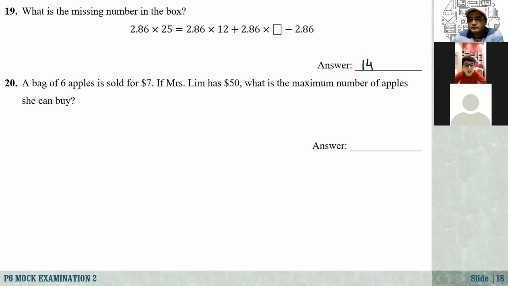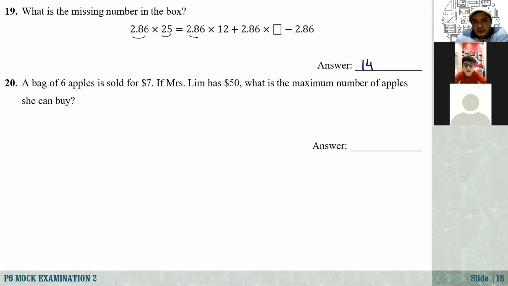Because 14 plus 12 is 26, and 2.86 multiplied by 25... No, actually, we should do it like this, Aydin. Here we have 2.86 times 25, right?